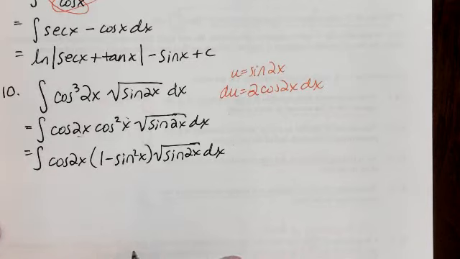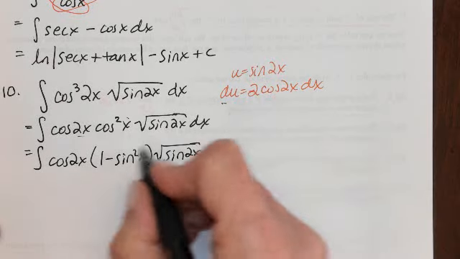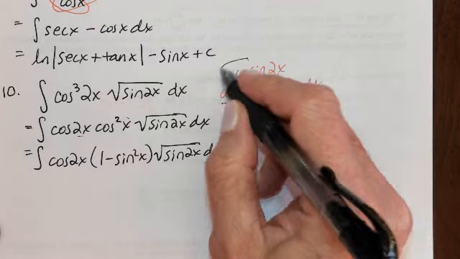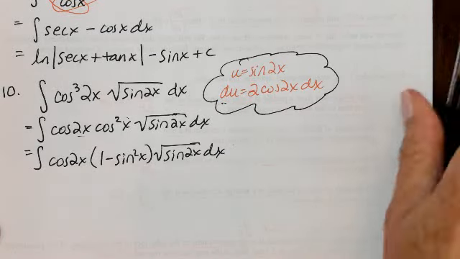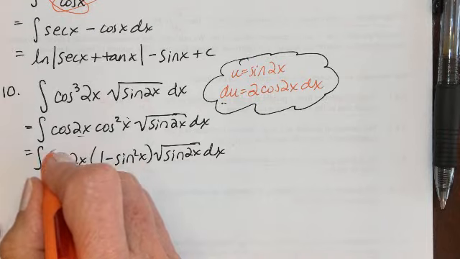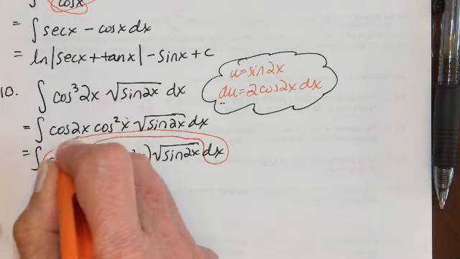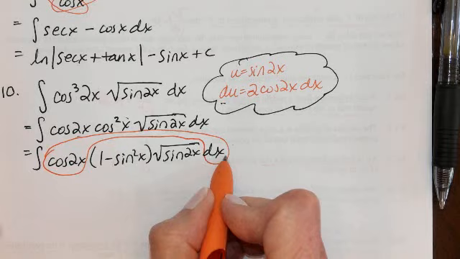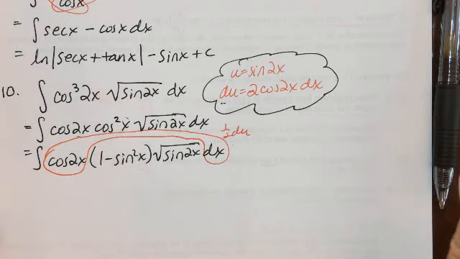Okay, now I have all sines here, so now I can use this u sub that I wanted to use. So in place of this cosine of 2x dx, let me go grab that. In place of cosine 2x dx, we need to put 1/2 du, right?